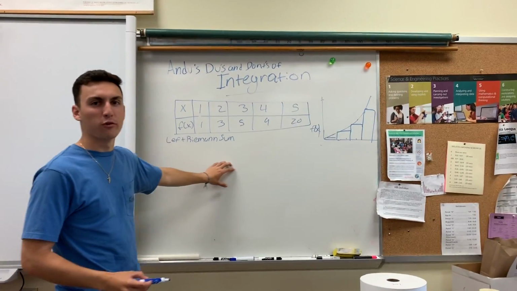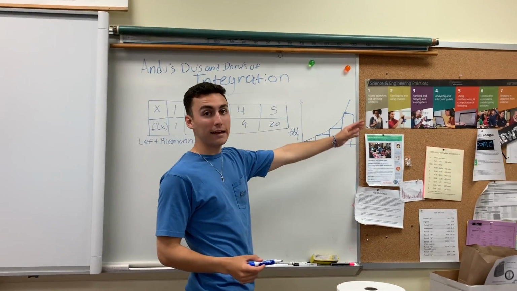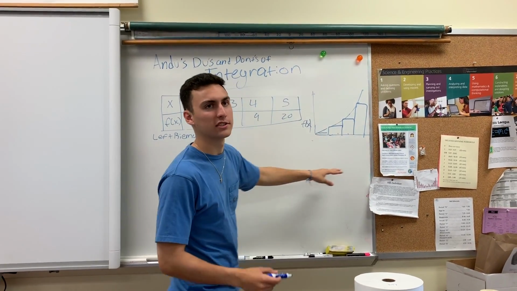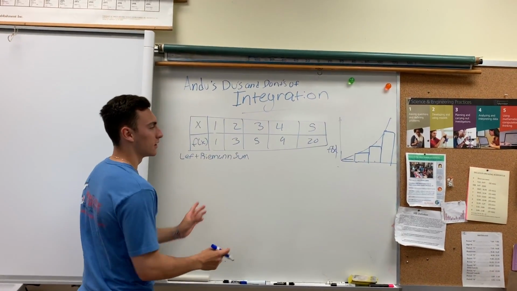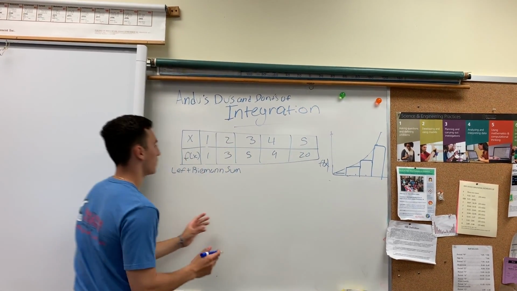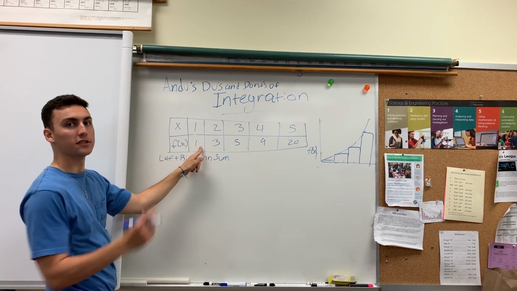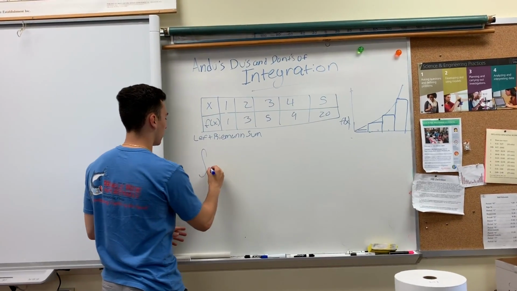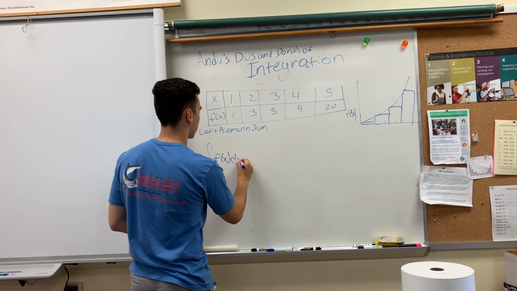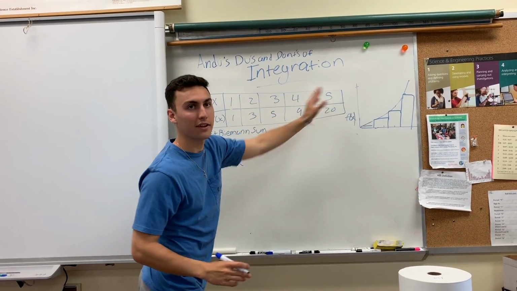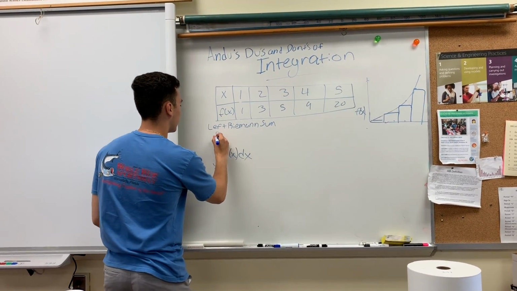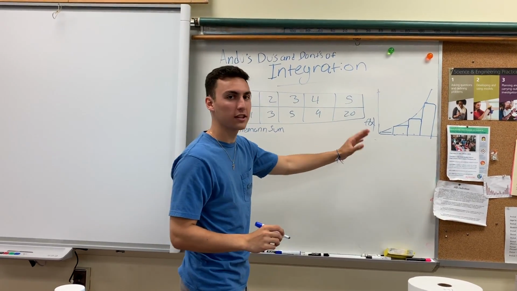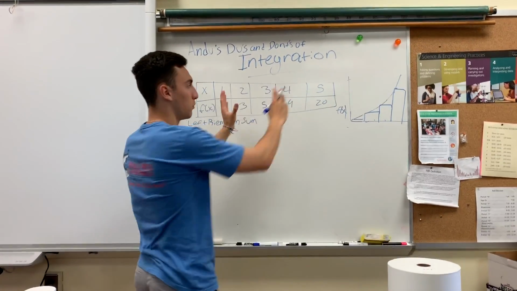So, alright, we're doing a left Riemann sum today, okay? Which is basically going to estimate the area under this curve using 4 different rectangles. So, to find the area of each of these, you're going to use the height times the width, using the height on the left, because this is a left Riemann sum. So we have the integral of f of x dx from 1 to 5, that's our boundaries here, which is approximately, because this is an estimation, not the exact number, equal to what we're going to do here.